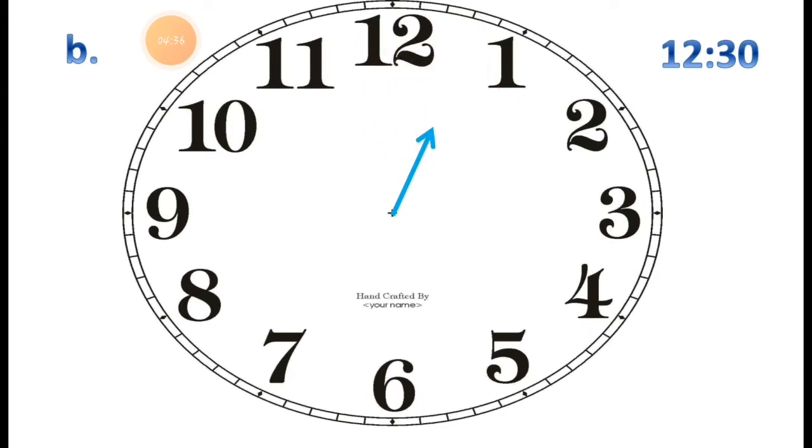Now here the minutes are given. How many minutes are given here? It is 30 minutes. So we have to draw the minute hand exactly pointing to 6. Here you can see it is exactly pointing to 6.